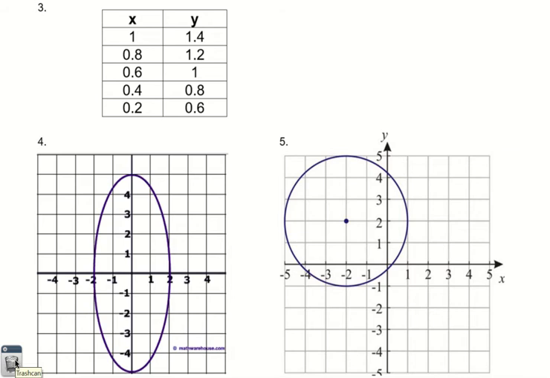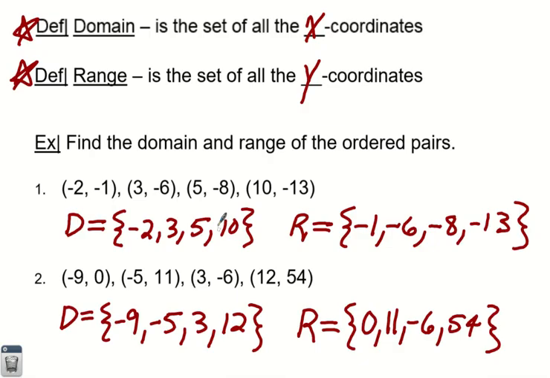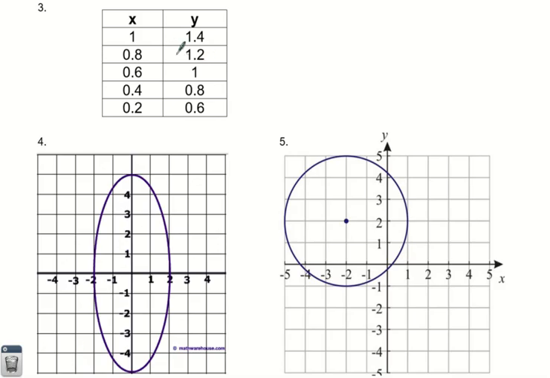Look at it, as easy as this was, and I call these lists. This was presented to you as a list of ordered pairs. So as easy as that was to point out the x values and the y values, this is even easier.